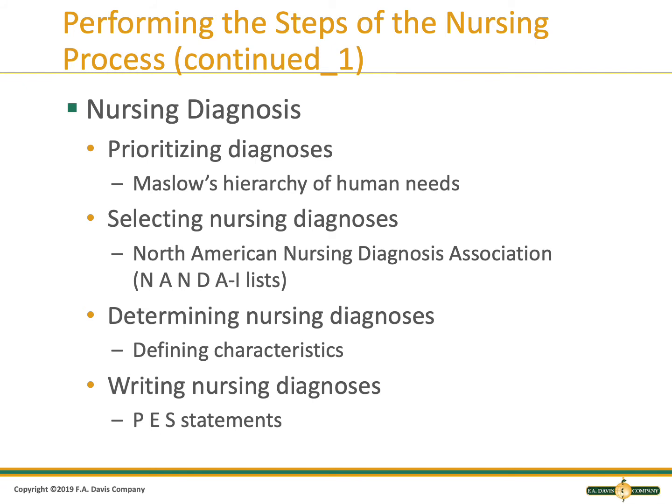The etiology is what's causing the problem. It's connected to the diagnostic label by the words related to. And then the signs and symptoms include the data collected and the evidence used to support the diagnostic label.